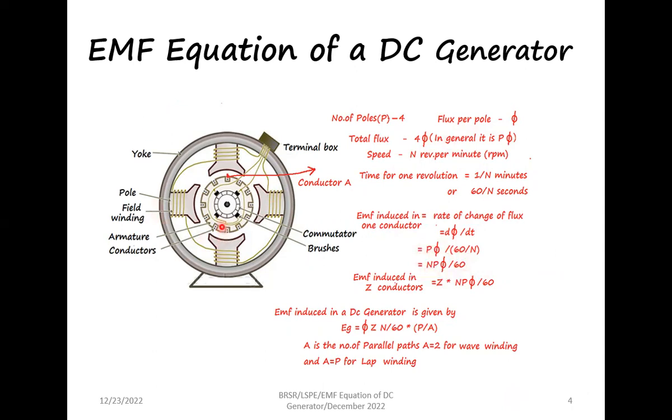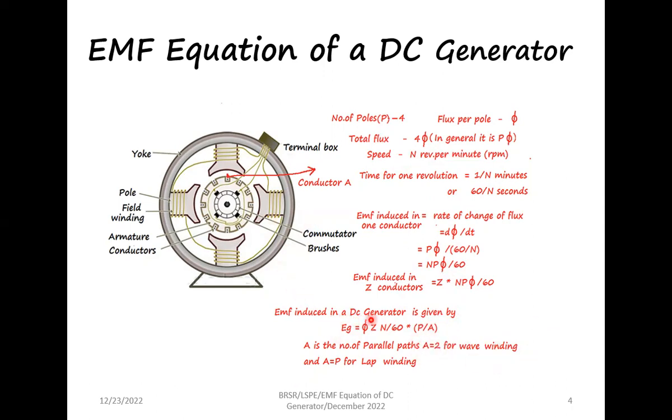One conductor has an EMF induced of NP phi by 60. If we have Z conductors, then we multiply that by Z, and the EMF induced in the entire armature becomes phi Z N by 60 into P divided by A, where A is the number of parallel paths. If it is a lap winding, A is equal to P, and if it is a wave winding, A is equal to 2.